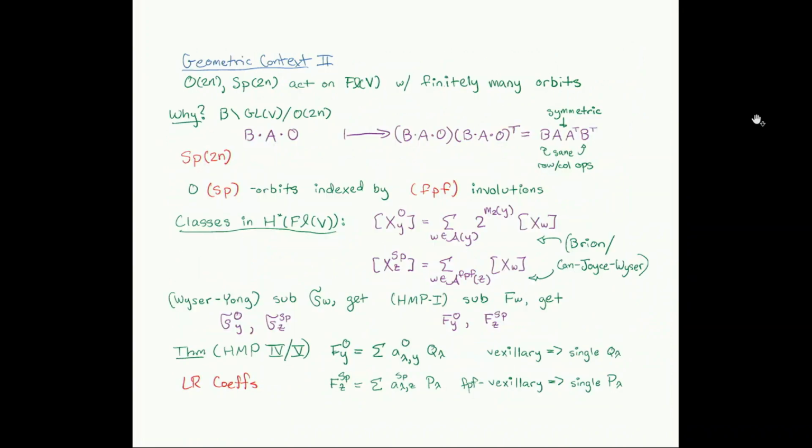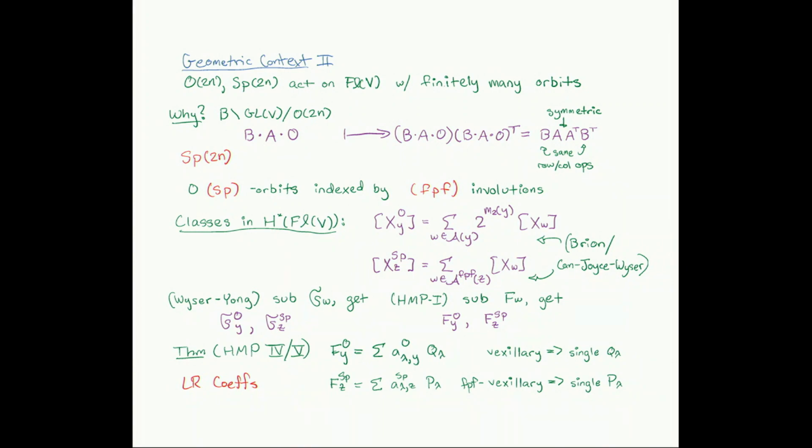So the second geometric context I want to introduce is actually closely related to what Anna was talking about earlier today, these K-orbits, or symmetric spaces. So Anna was talking with these clan objects about GL_p cross GL_q orbits in the flag variety, right? Type A flag variety. What we're going to do is we're going to act by the orthogonal and symplectic groups on the type A flag variety.